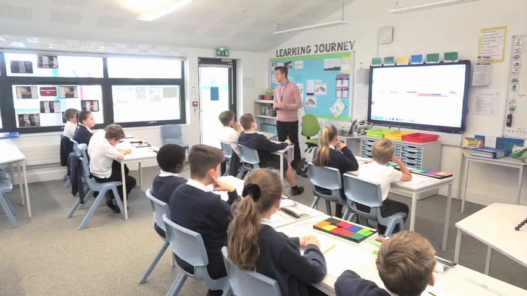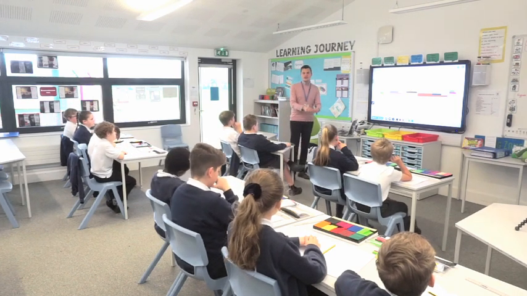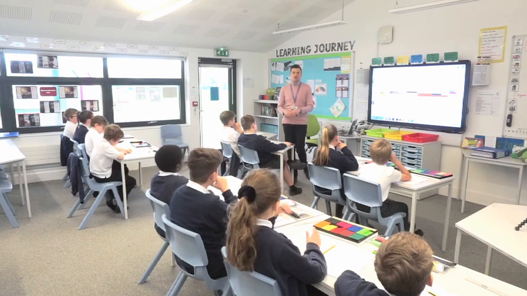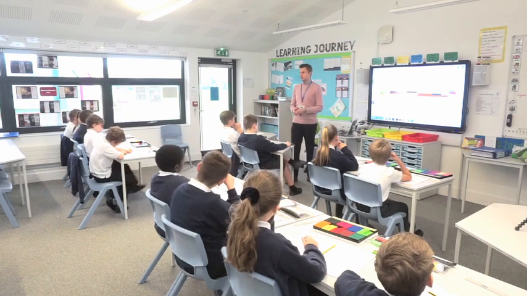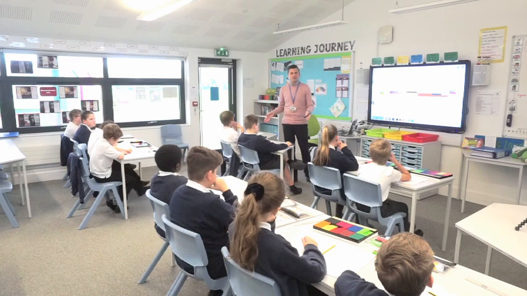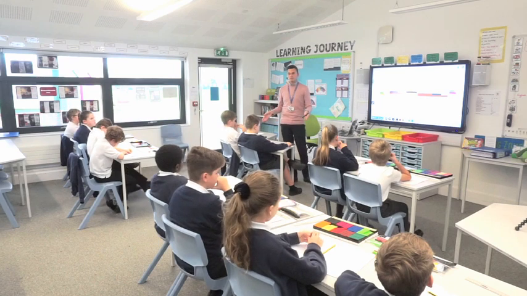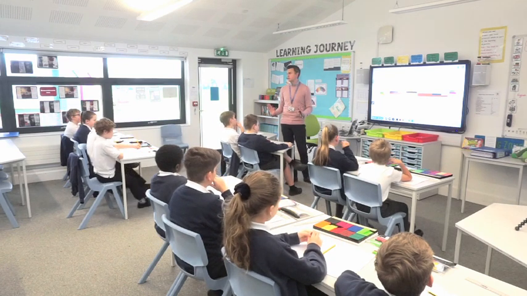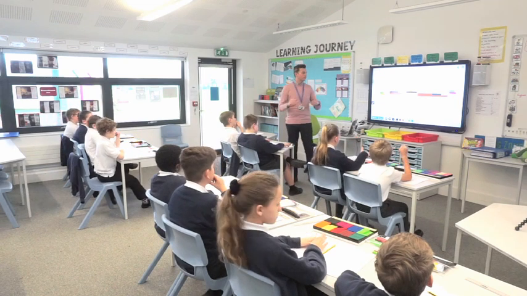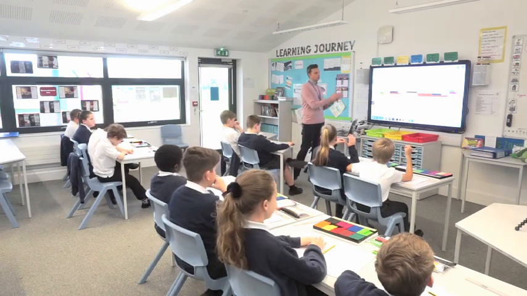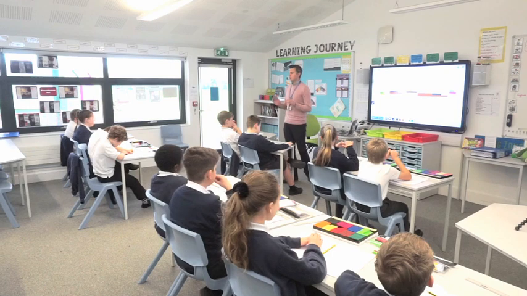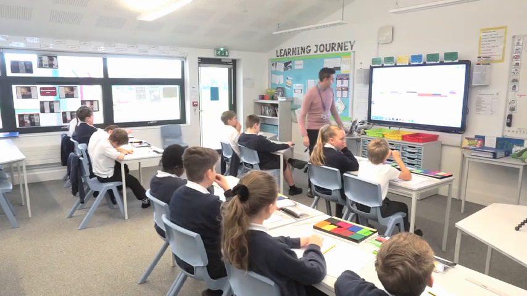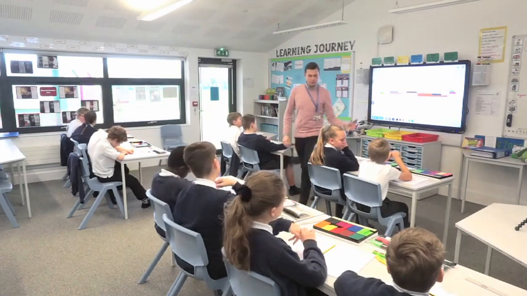I would still like you, however, to prove that theory using decreasing Numicon rods. So I want it represented using the Numicon rods as well. Everybody understand their task? Off you go.